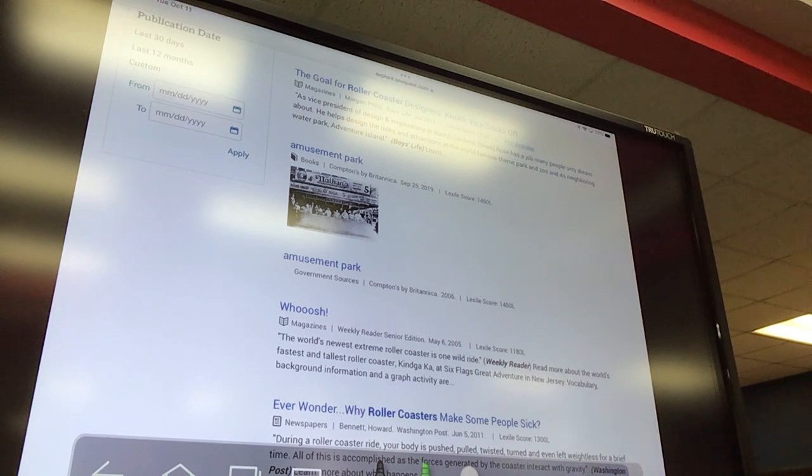If you need help or if you're having trouble coming up with a question, look at the different pictures of roller coasters that are on the resources in your folder and try searching one of those titles to see if you can find information on it to answer your question. Do y'all have a question?